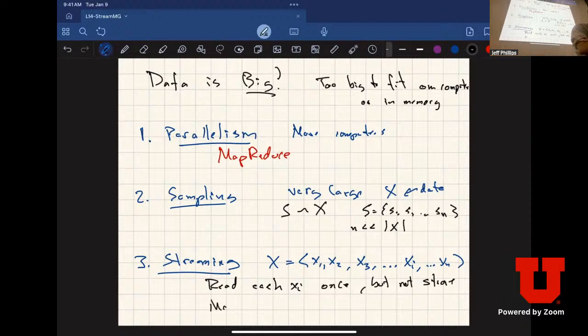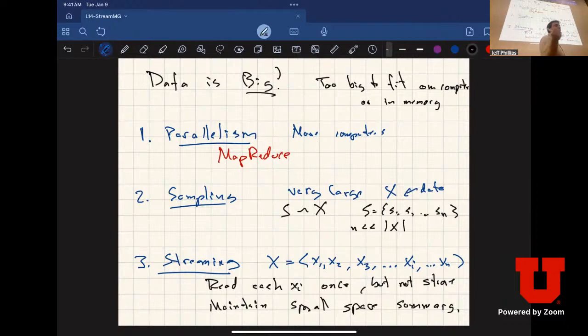I can maintain a small-space summary of the data. So I want to somehow think of reading the data in the order they're given. They may be representative, maybe the IID assumption holds, but I'm not able to control the order.